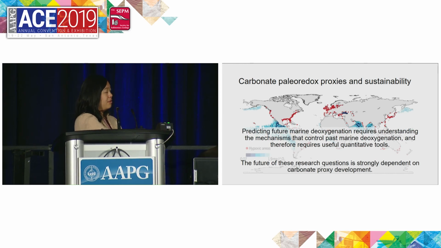But of course, making these future predictions requires understanding these past events, and therefore requires really useful quantitative tools. And so I think that means being able to look at diagenesis more carefully when applying and interpreting these paleoredox proxies. And so I think a lot of the future research questions of the field in general is focusing on how diagenesis can be evaluated and assessed for in these records.